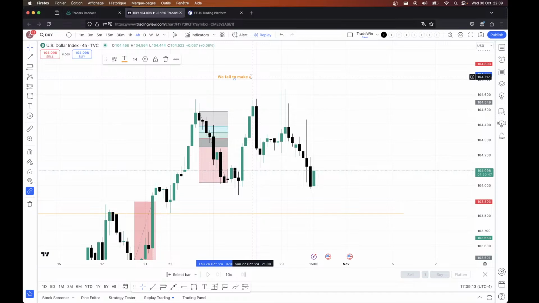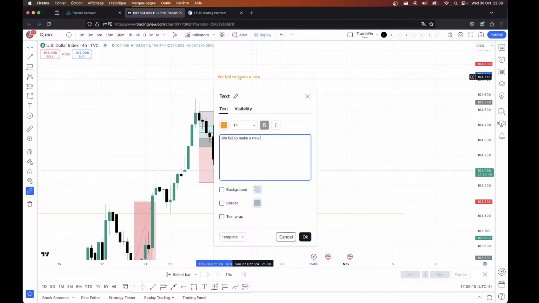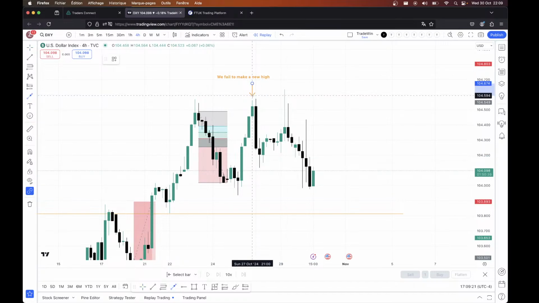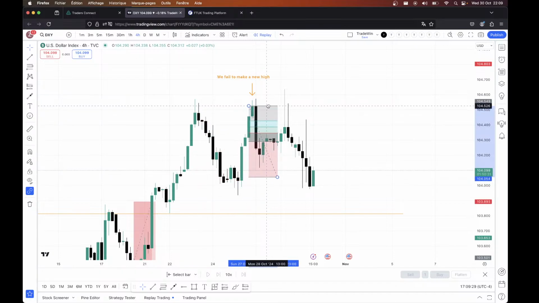We failed to make a new high at this point. Okay, so at this step, I'm starting to think again about going short. When I see this, OTE zone, OTE zone, OTE zone.